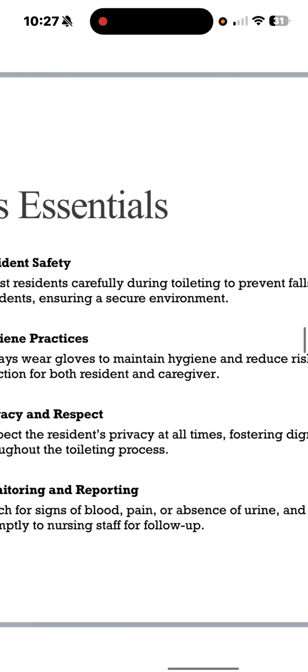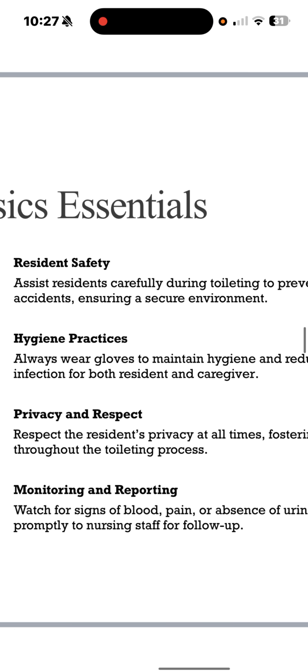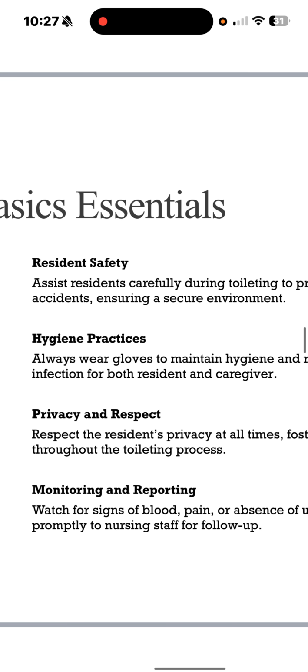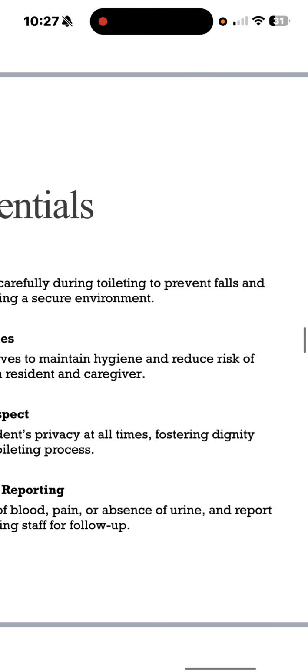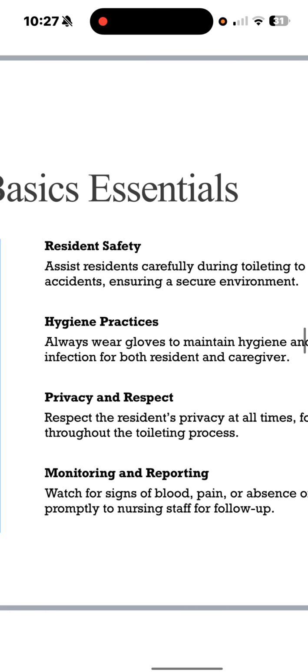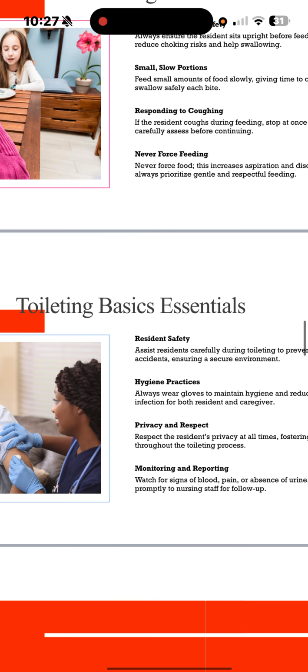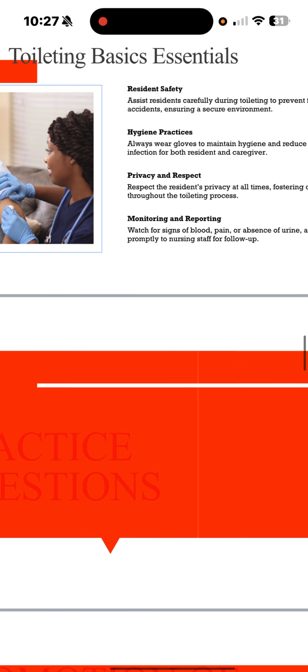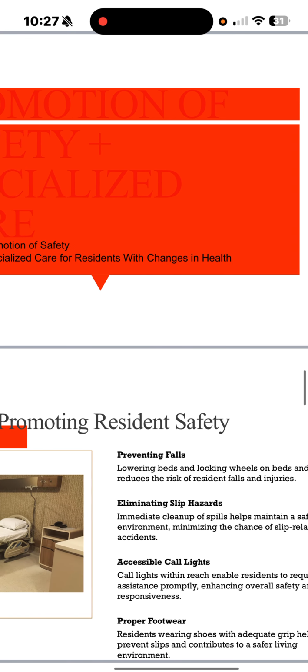Respect the resident's privacy at all times, fostering dignity throughout the toileting process. Monitoring and reporting. Watch for signs of blood, pain, or absence of urine and report promptly to the nursing staff for follow-up. So these are toileting basic essentials. Okay, doing so good.